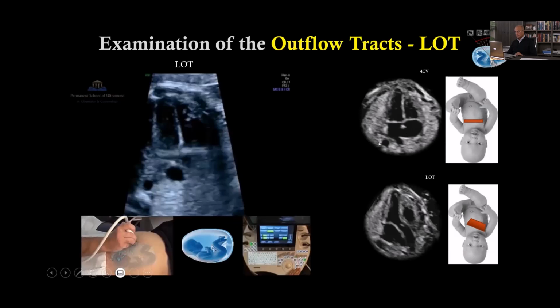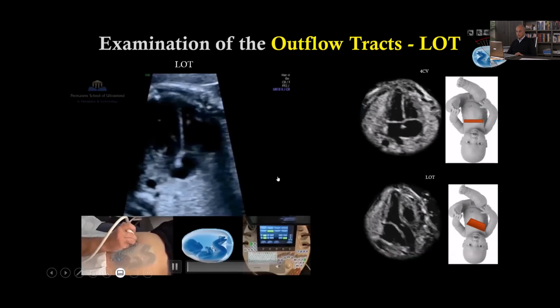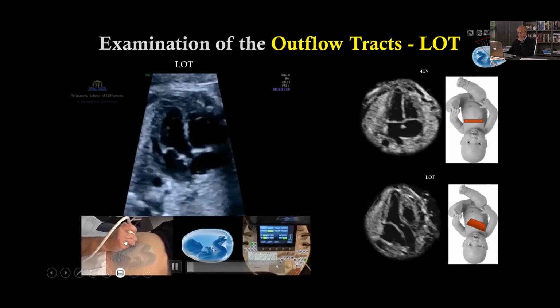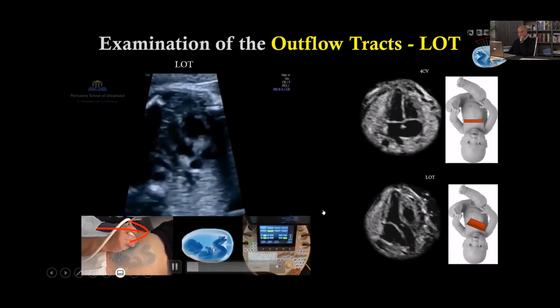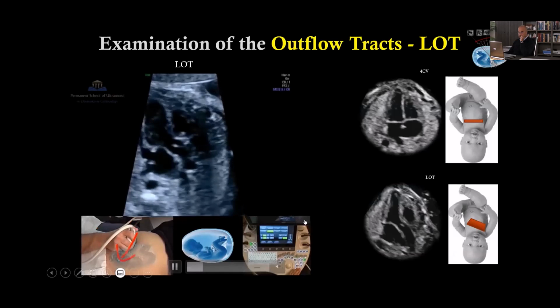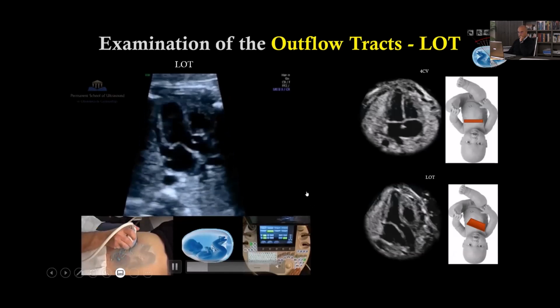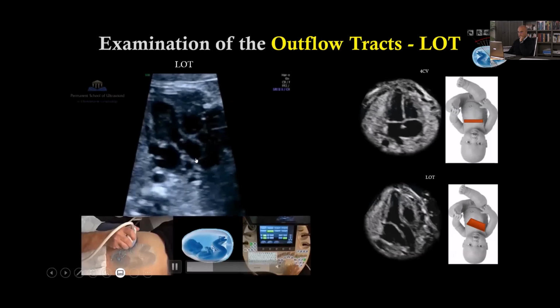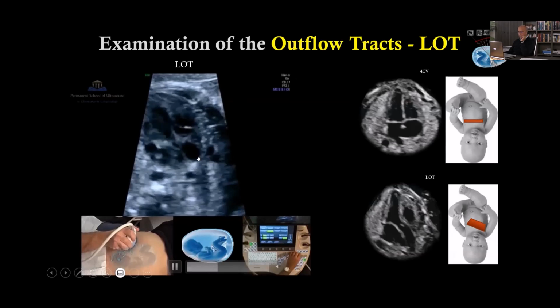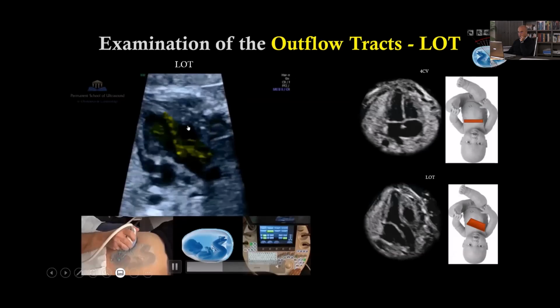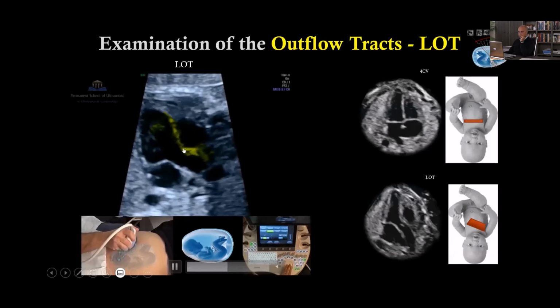Keep in mind these two images. Here you can see the movement of the probe, tilt and rotate to the right shoulder. This way you will get the left outflow tract. You can check the continuity between the interventricular septum and the ascending aorta.